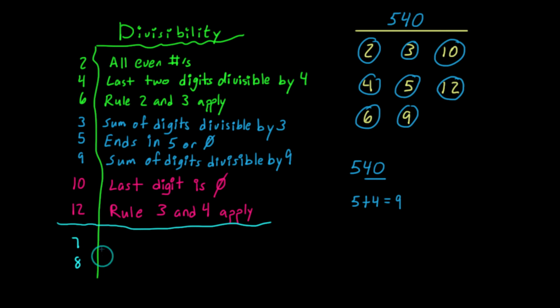But what about 7 and 8? Again, you would take 540 and divide by 7, and 540 and divide by 8.